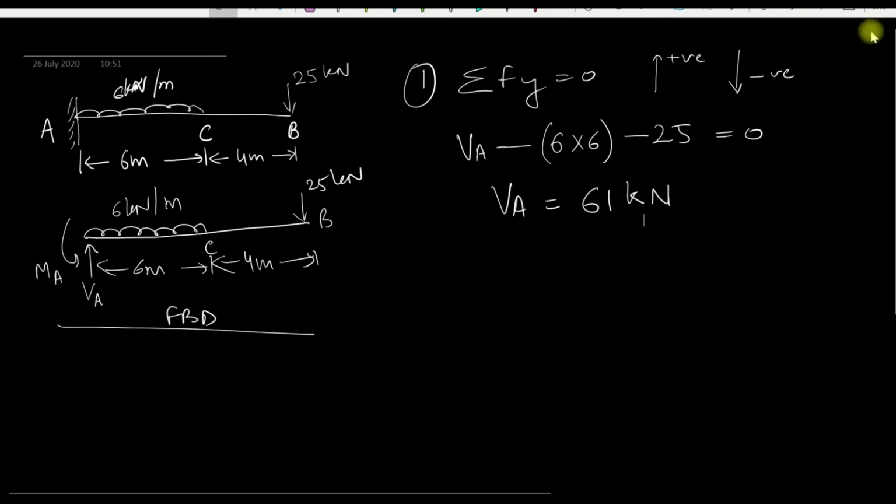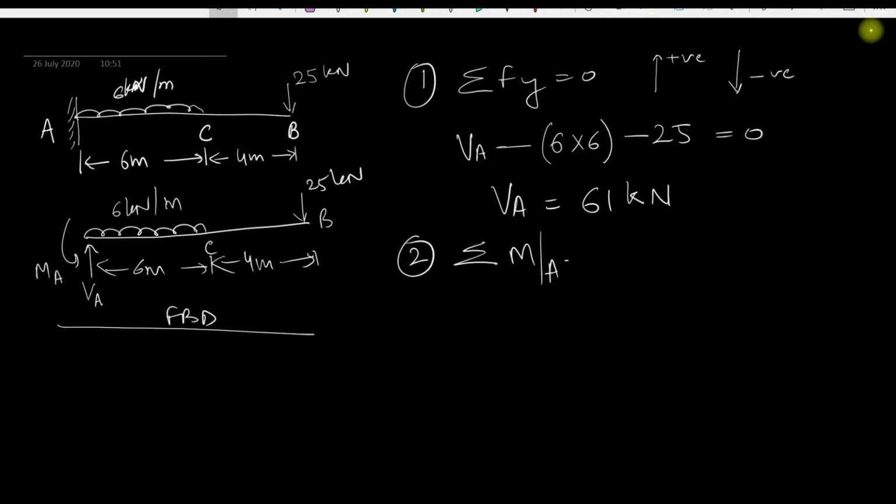Now using the next equation of equilibrium, let us take moment about point A equal to 0. If I take moment about point A, then there will not be any moment due to VA because it is passing through point A. This is point A and the UDL is acting downwards, so it will create a clockwise moment about point A, and this 25 kilonewton will also create a clockwise moment, and MA is anti-clockwise.